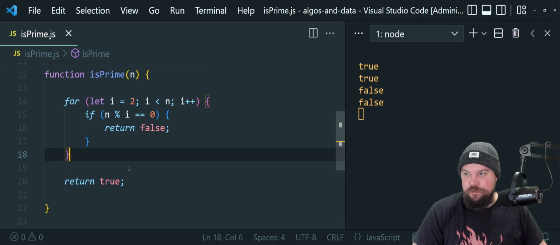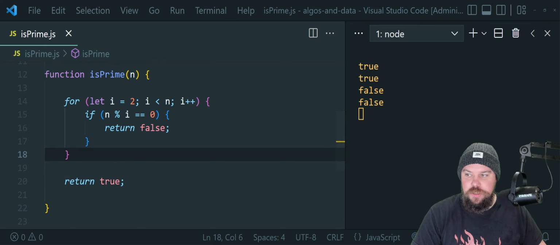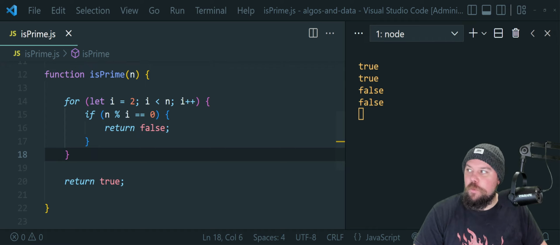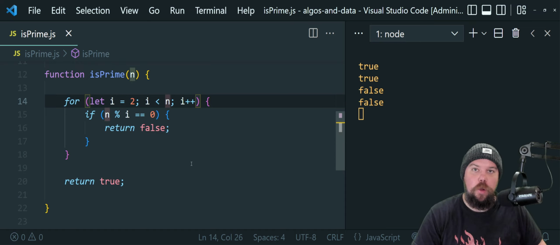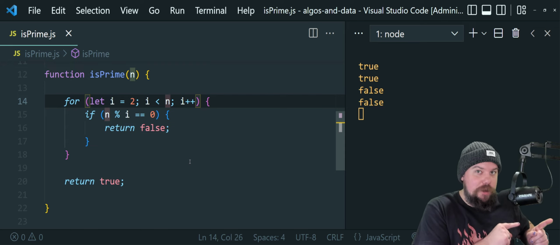But there is a cool thing we could do with square roots that will really ratchet up what we're looking at here. There's a bit of magic that we can do. When we're iterating through a loop to find prime numbers, we do not have to actually loop all the way up to our number.